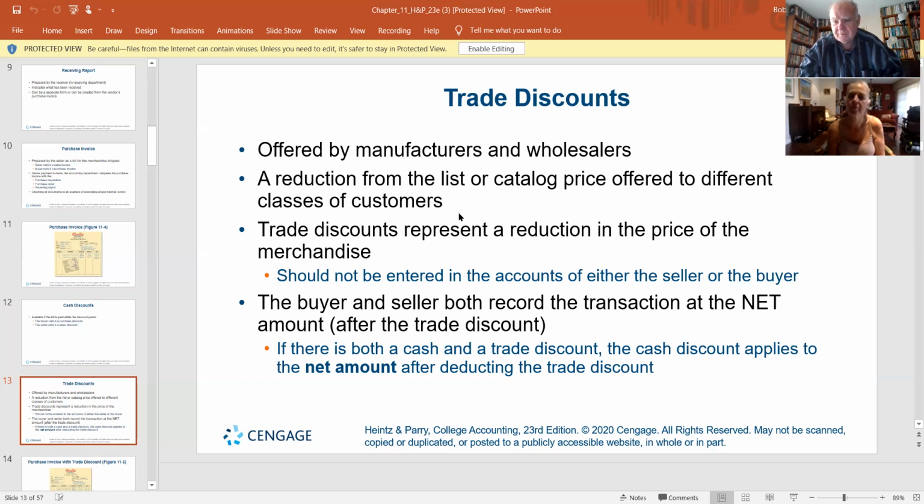You don't fool around with that trade discount. It's a reduction from the list price for certain customers. It'll often be in a catalog. You see something that's $1,000 each, but 25% off. So you ignore that 25% off and you work directly with the 750.